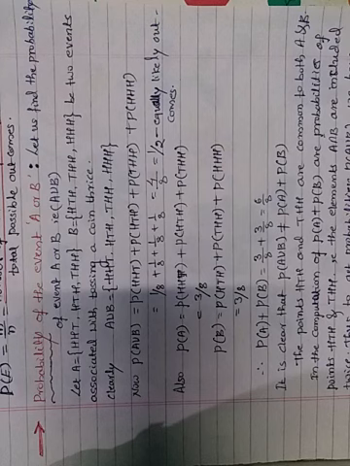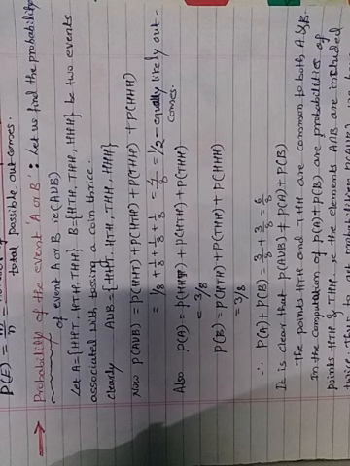Now P of A, the probability of A, equals the probability of HHT plus the probability of THH plus the probability of HTH. The probability of these 3 outcomes is 3 by 8.